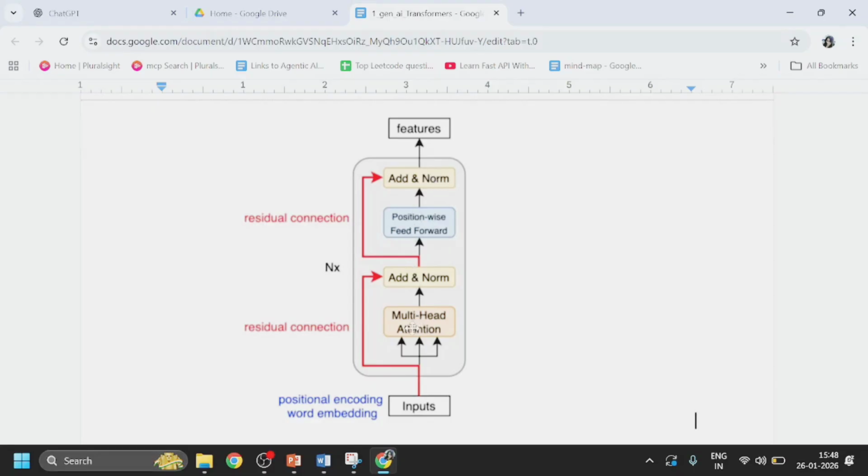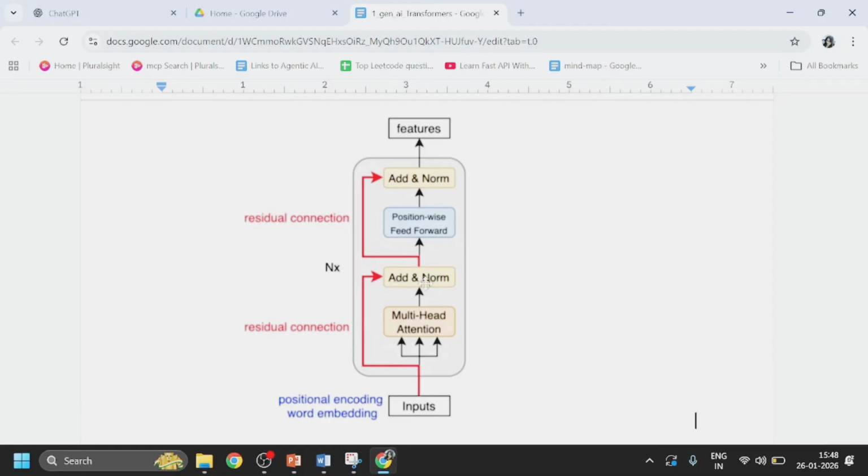An encoder block is repeated many times. Each block has attention, but also has three very important components: the feed forward neural network, positional encoding, and add and normalization.